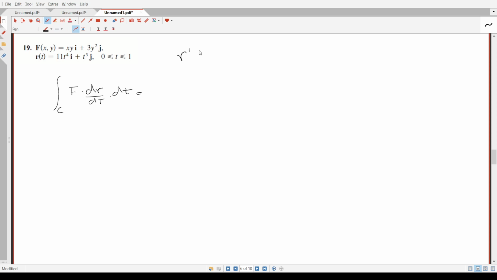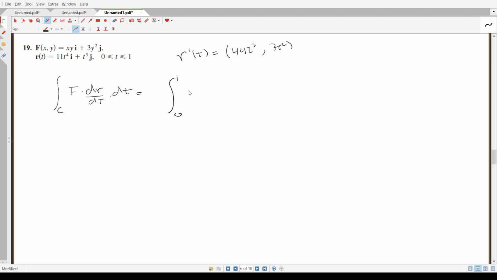So r prime of t is equal to 44t cubed and then 3t squared. And we know that t goes from 0 to 1, so this is the integral from 0 to 1. It gives me the parameterization for the curve.